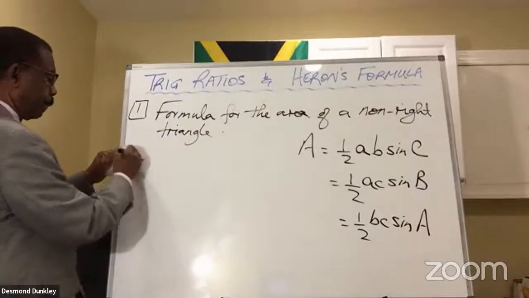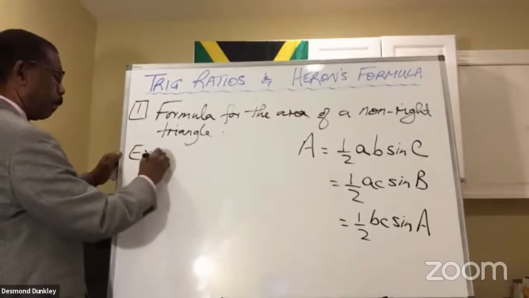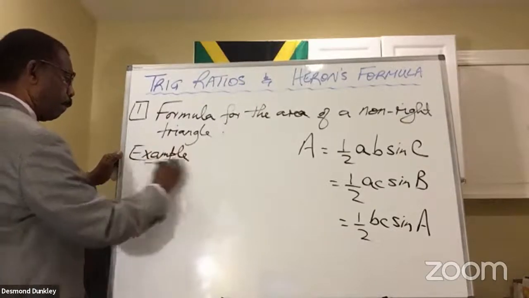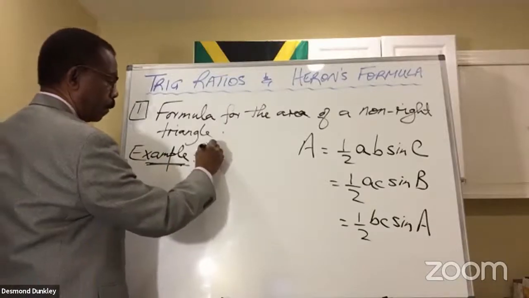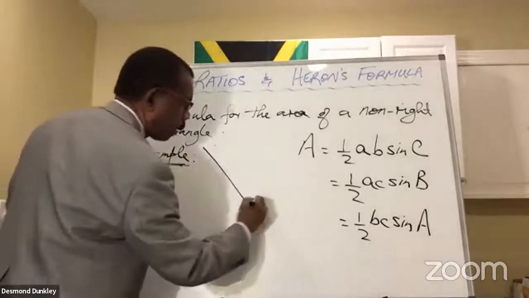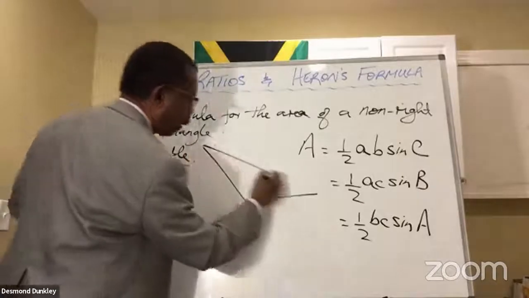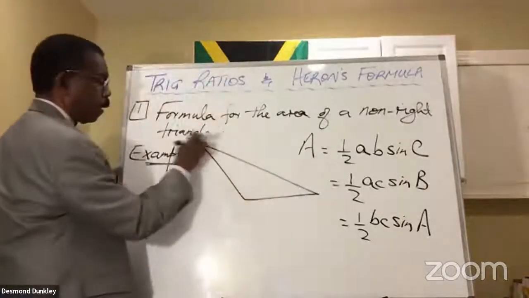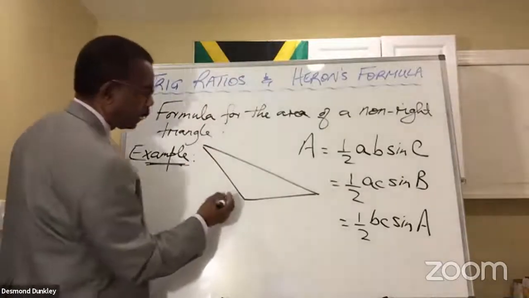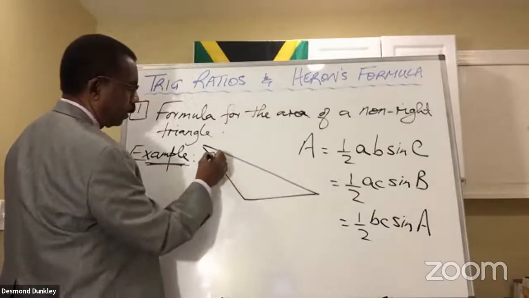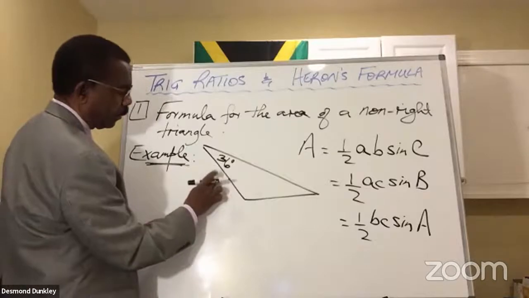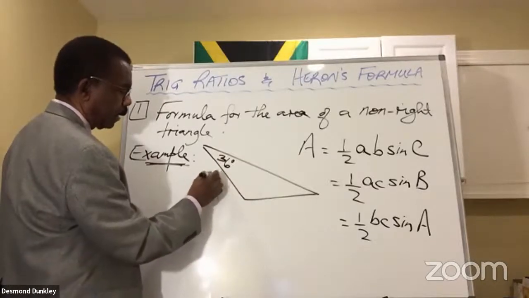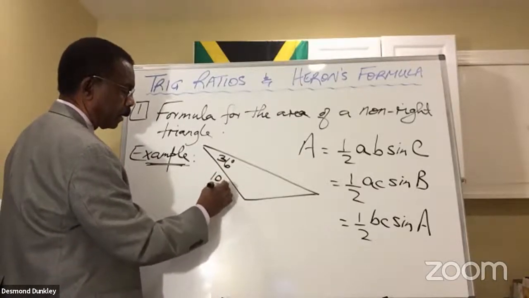Example. So this one, let's call this, say, 36 degrees. Let's call this 10 centimeters.